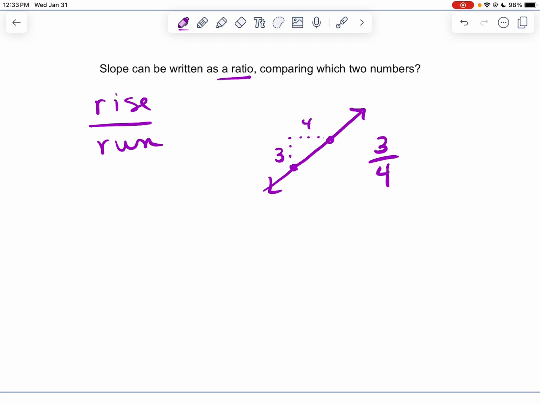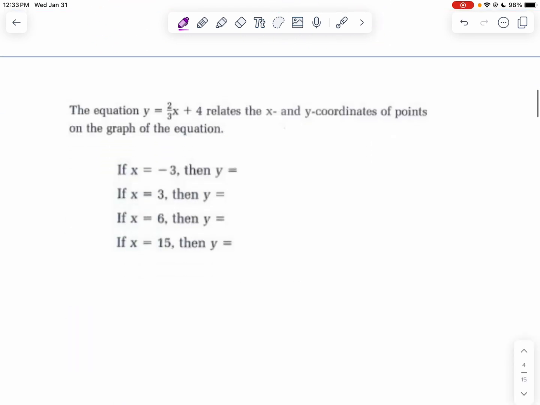Okay, cool. So looking at this next example, again, our slope is a ratio and it relates the x and the y coordinates of the points on the graph. So what you're going to do is you're just going to substitute x into the equation. So if I plugged in -3 for x, we're going to do 2/3 times -3 plus 4.